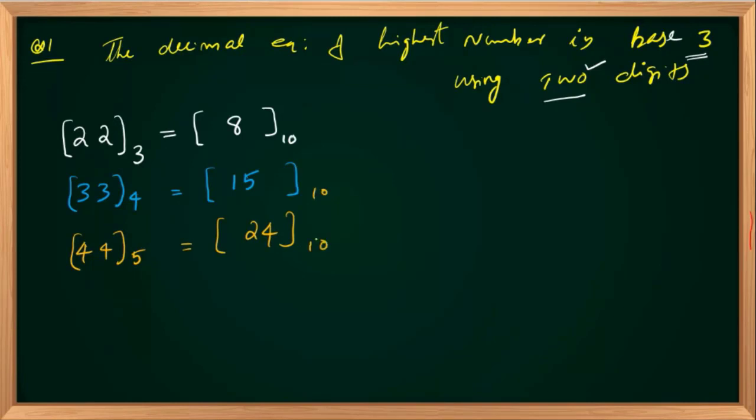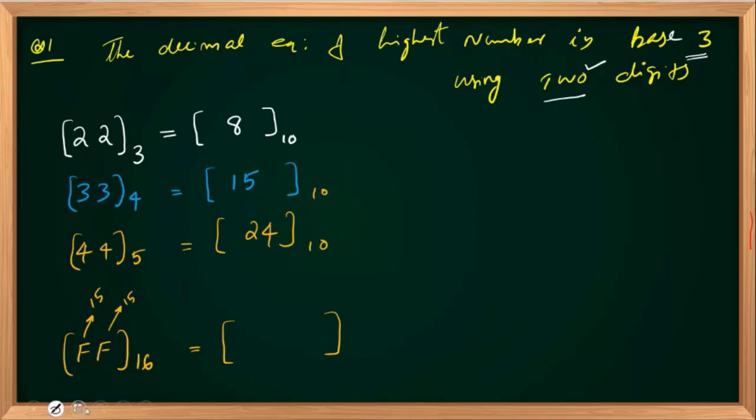Then similarly, in base hexadecimal, base 16, the highest symbol is F, so the highest number will be FF using 2 digits. What will be its decimal equivalent? This F corresponds to 15 decimal.